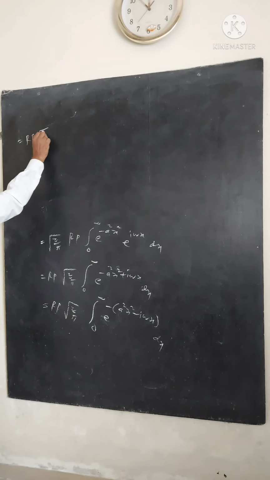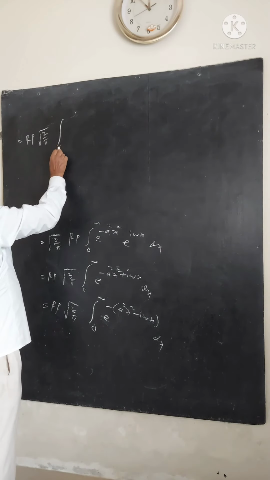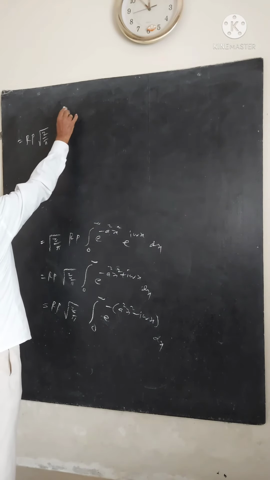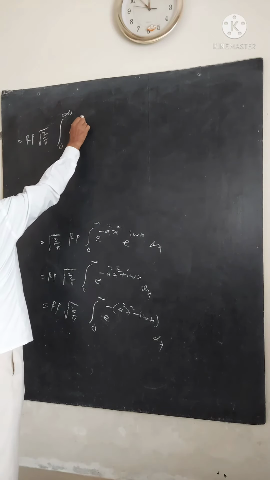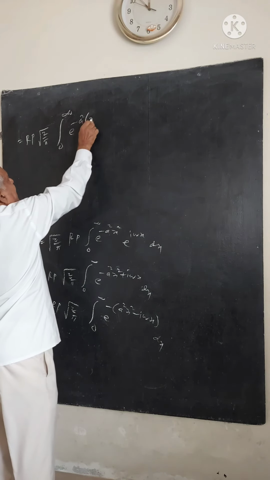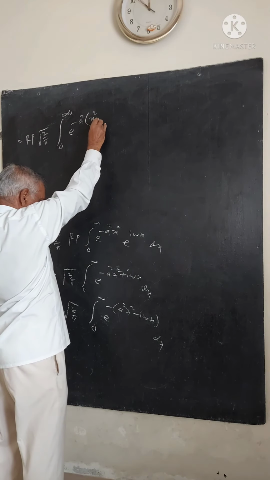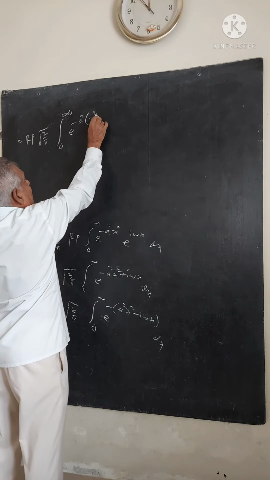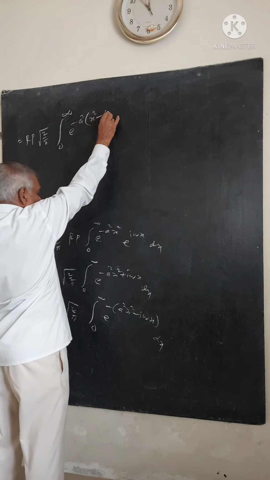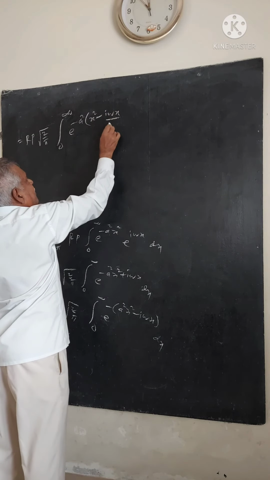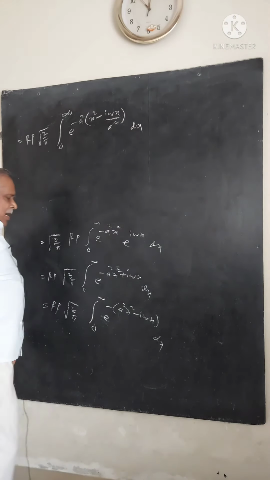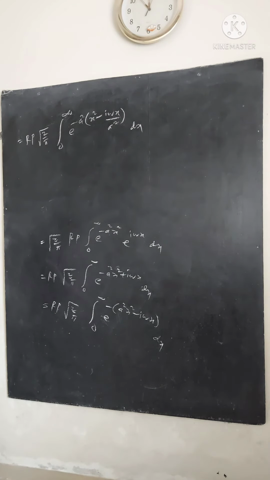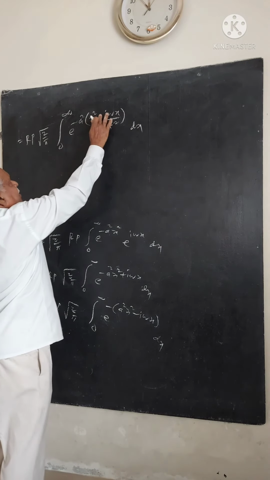Taking a square out as well, e power minus a square (x square minus i omega x by a square) dx. A square is taken out and divided here.